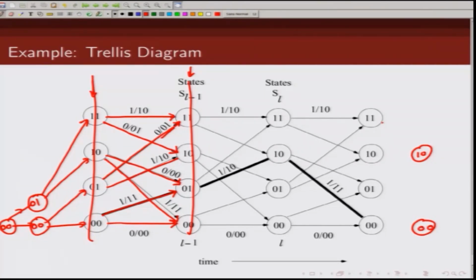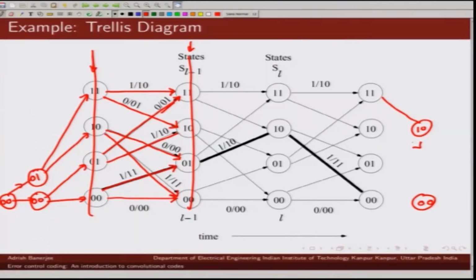From state 1 1, if I get a 0, I move to this state, and from state 0 1, if I get a 1, I move to this state. Similarly, from 1 0, I can move to 0 0 state if I get a 1, and from 0 0 I can move to 0 0 state if I get a 0, and finally from 0 0 state, if I get a 0, I move to all 0 state, and from 1 0, I can move to 0 state if I get a 1.